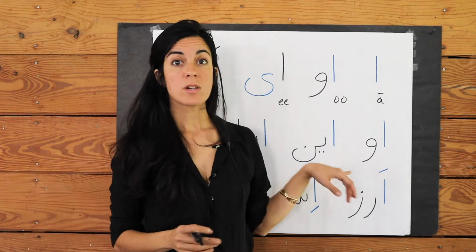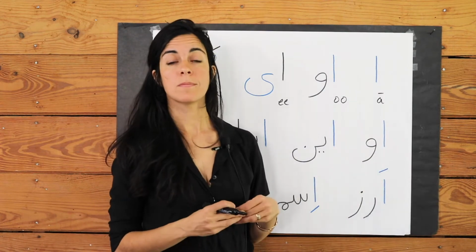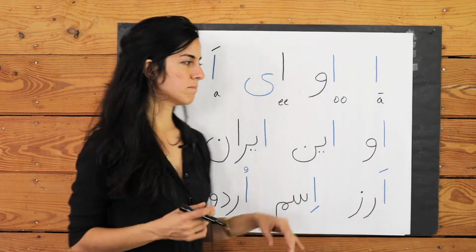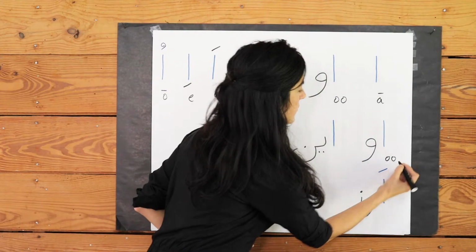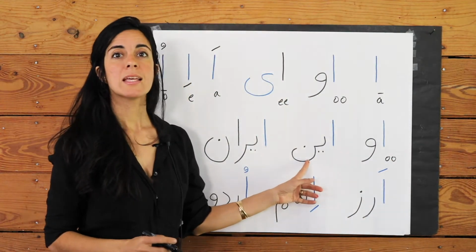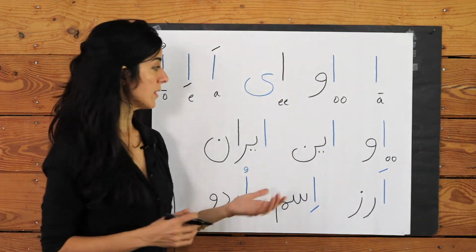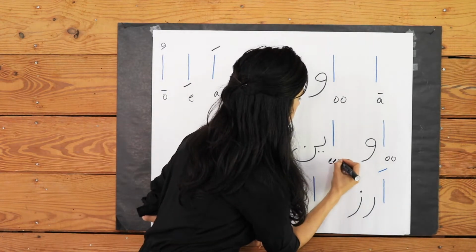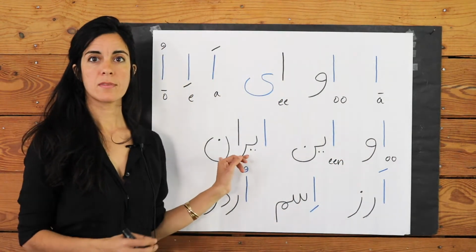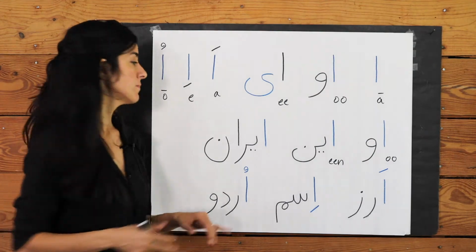So again, let's go over our words. U, meaning they or them. In, meaning this. Iran, the word of the country.